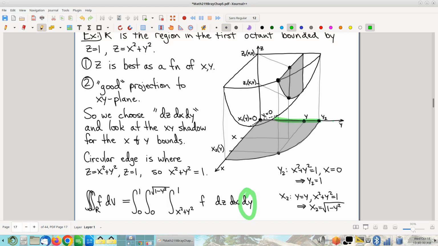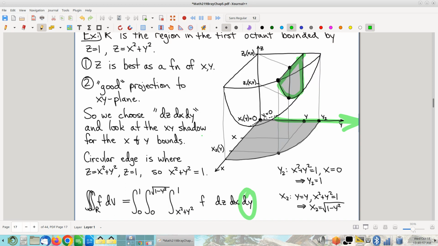Slicing perpendicular to the y-axis, I get slices that look kind of like that, and it's hard to draw, right? So it'd be nice if we had a way to avoid all of this 3D drawing geometric challenge, or at least minimize it as much as possible.